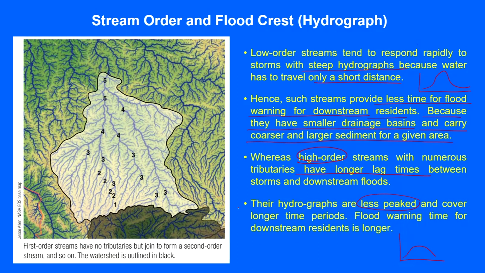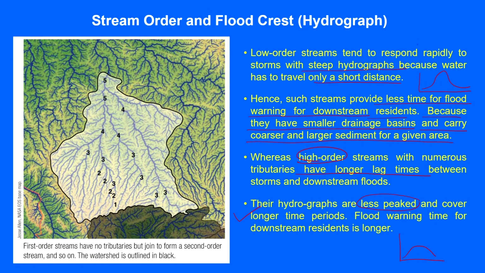So if you are having higher order basins, then to some extent you have time to issue a warning, but in terms of the lower order streams or basin areas, you will have less time to issue the warnings.